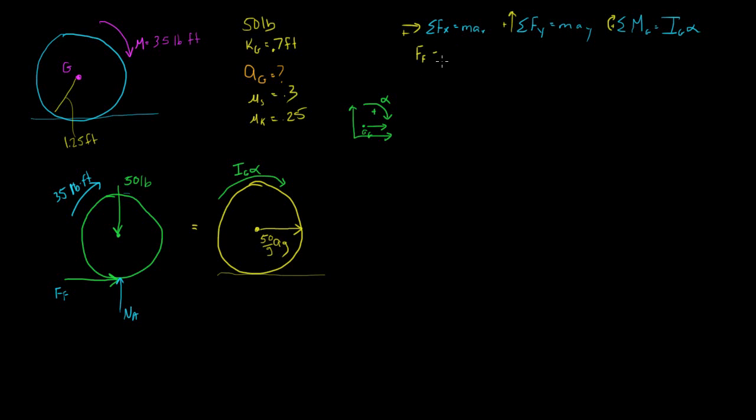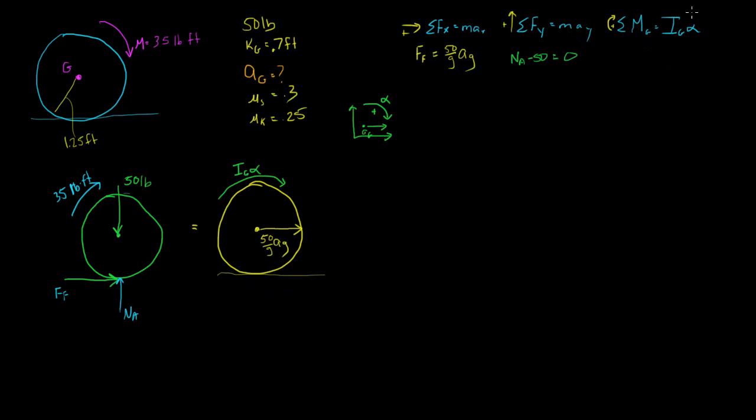So this is equal to 50 over g times the acceleration of our center of mass. Now our sum of the forces in the y direction: we're going to have a positive normal force minus 50, because our 50 is our weight and it's pointed down, is equal to 0. And why is this equal to 0? Well, we have no acceleration in the y direction.